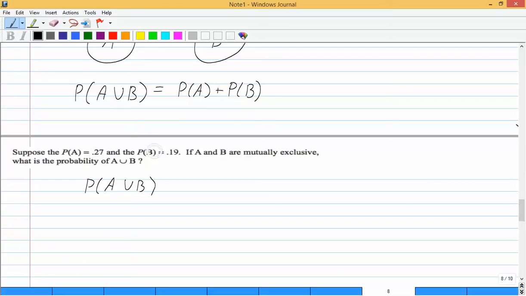But if we know that these two sets are disjoint, then we simply say the probability of A plus the probability of B. So that would be 0.27 plus 0.19, or 0.42.